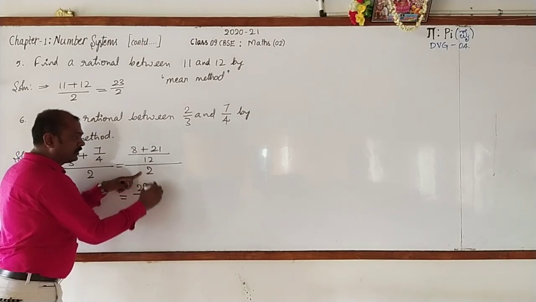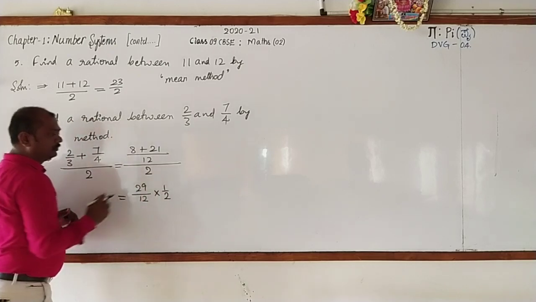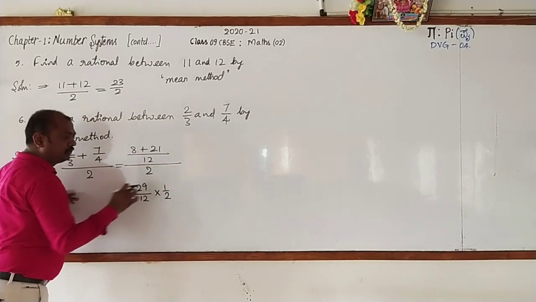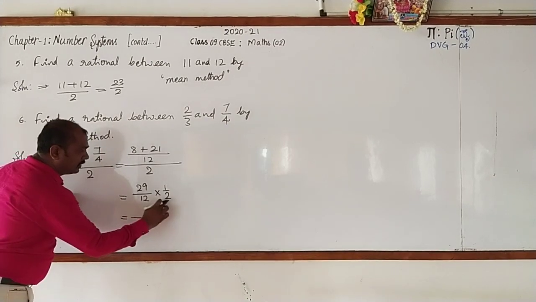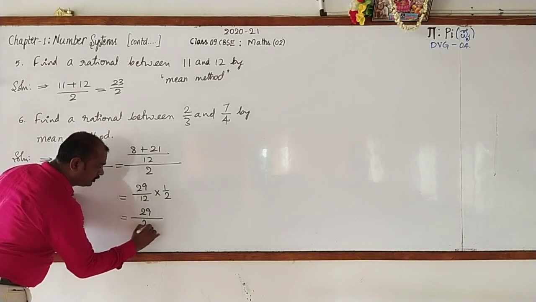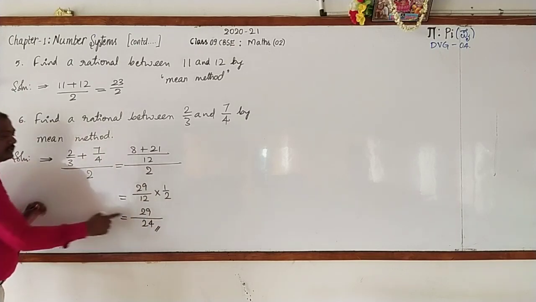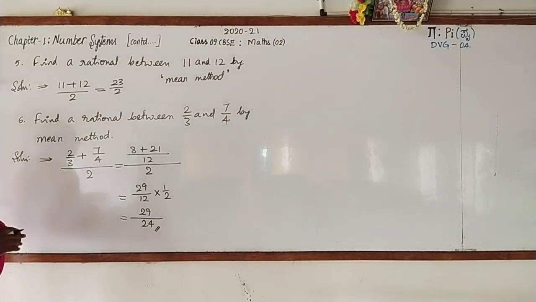Take the reciprocal of this denominator. 2 by 1 becomes 1 by 2. We have converted the division into multiplication. It is equal to, now multiply numerators, 29 ones are 29, 12 twos are 24. So this is a rational between the two given rationals.